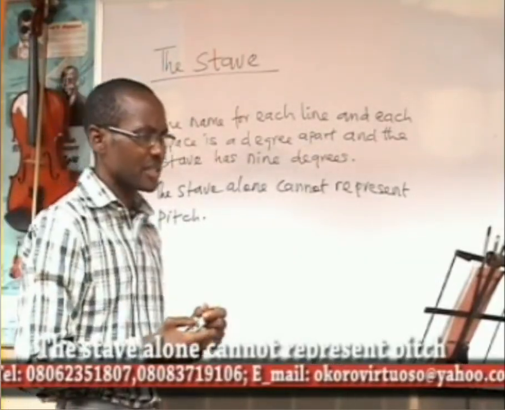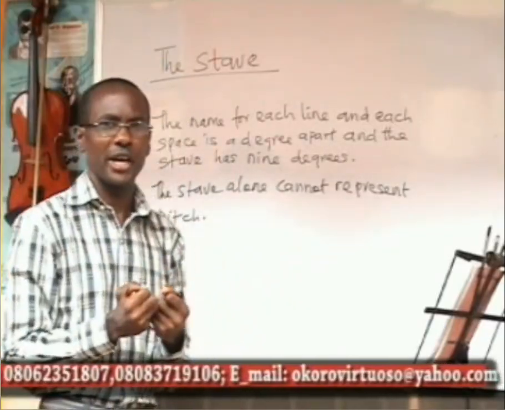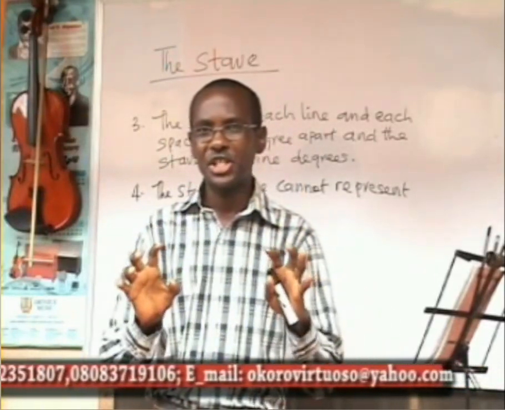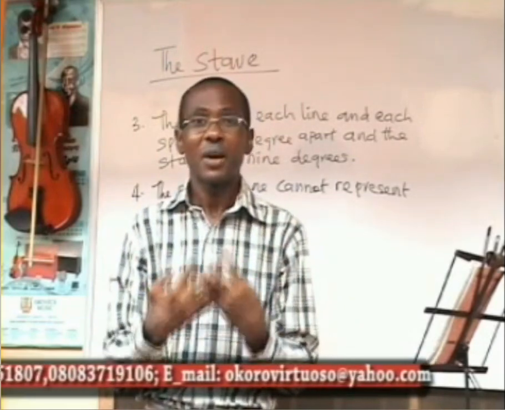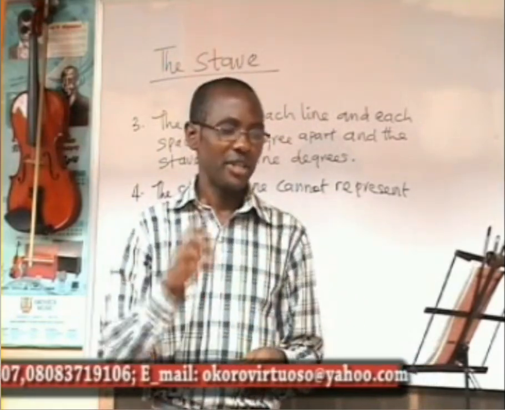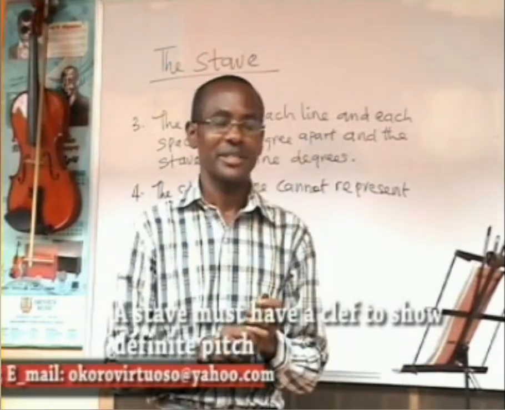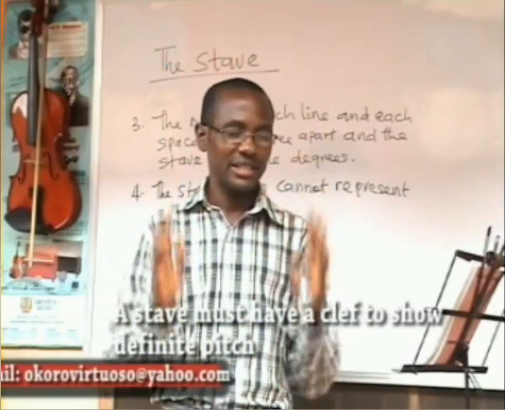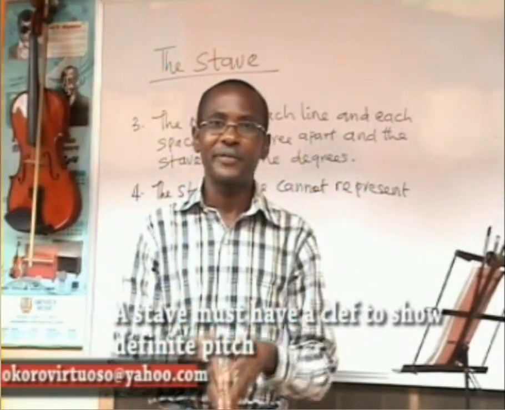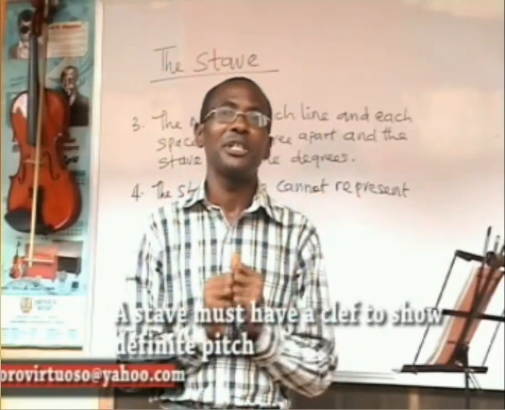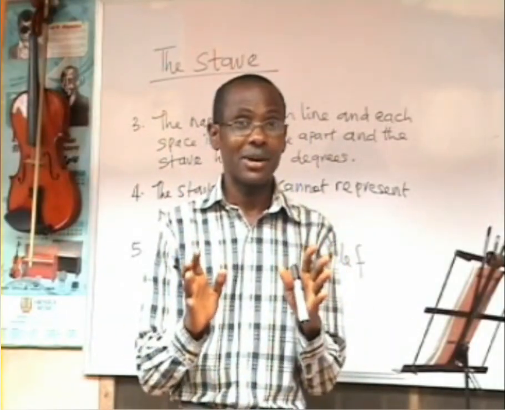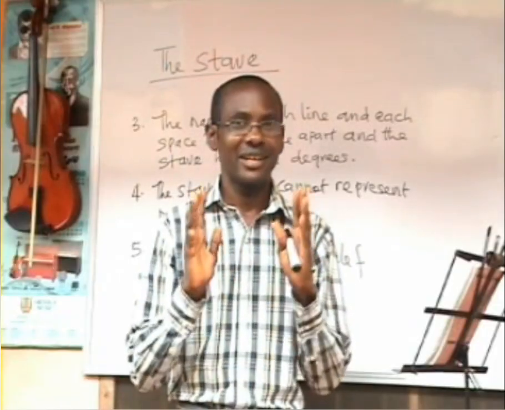That means there's something else we're looking for here if we want to show definite pitch on the stave. And what is that? I'll be discussing that later. Number 5 information is that the stave must have a clef to show definite pitch. What is a clef? We're not talking about that now. We'll talk about it in the next segment.